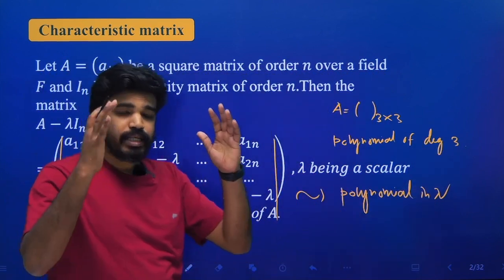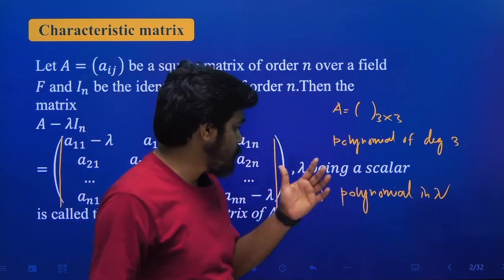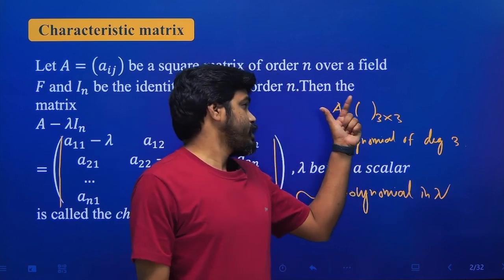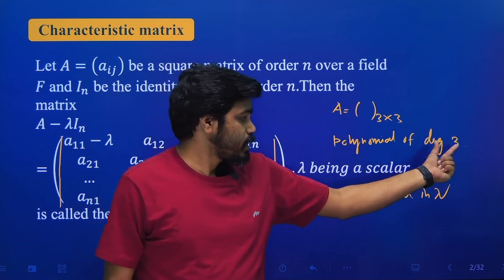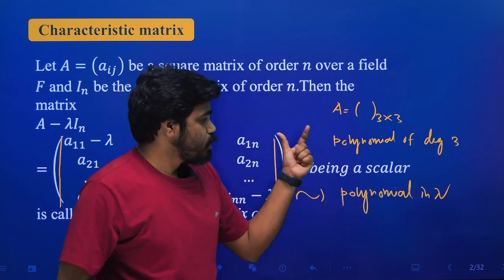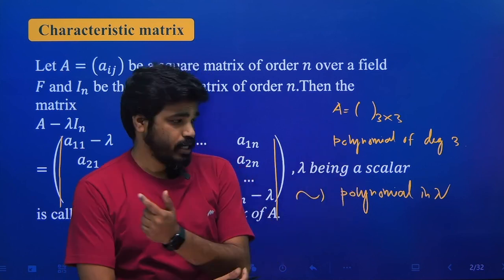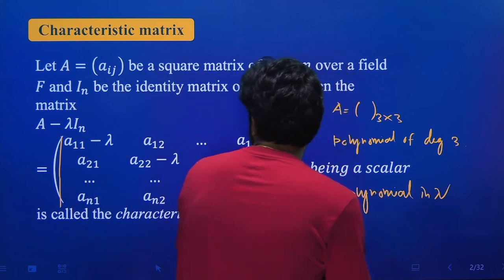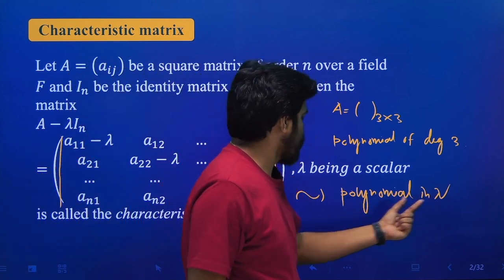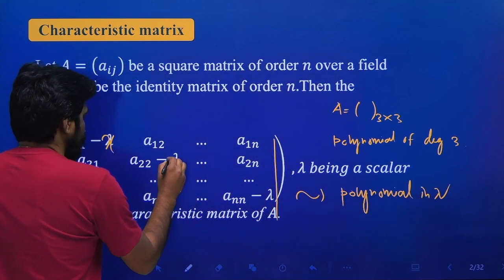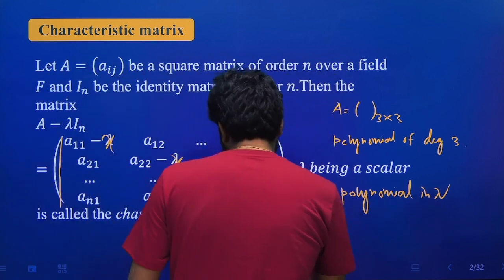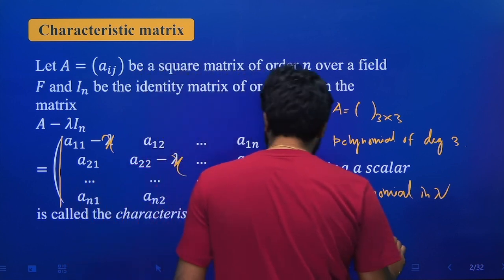That means if the order of the matrix is n, the polynomial we get will have degree n. If the order is 3, the degree will be 3. If we consider a 2 cross 2 matrix, you get a polynomial of degree 2, right? Here lambda is a scalar, so you get a polynomial in lambda. If you represent it by x, then you get a polynomial in x, okay.